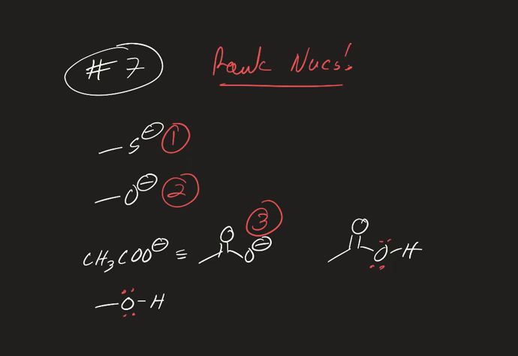Are acids electron rich or electron deficient? An acid is electron deficient. Remember, H plus is an acid. This is called a carboxylic acid, right? Also, this lone pair can also do resonance, so it's going to be less likely to react in this case. So 4 and 5.